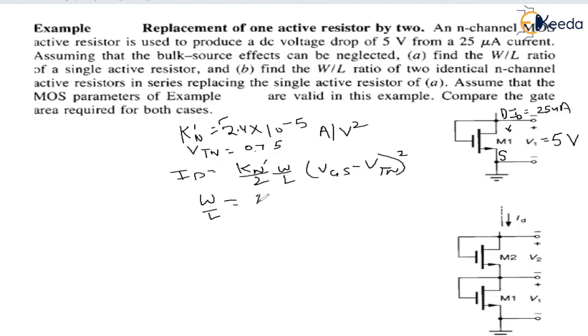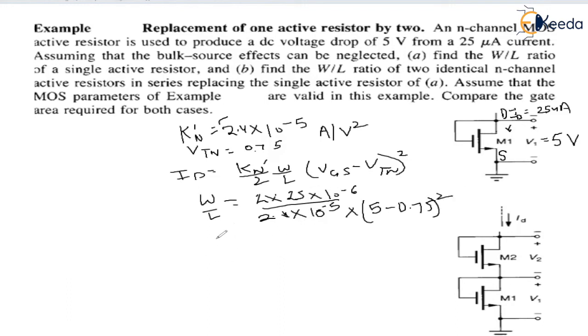Substituting all the values, W by L equals 2 into ID, which is 25 microampere, upon Kn dash, 2.4 into 10 to the power minus 5, upon VGS minus VTN whole square. The gate terminal is connected to the drain terminal. VG is 5 volt, VS is 0, so VGS is 5 volt, and VTN is 0.75.